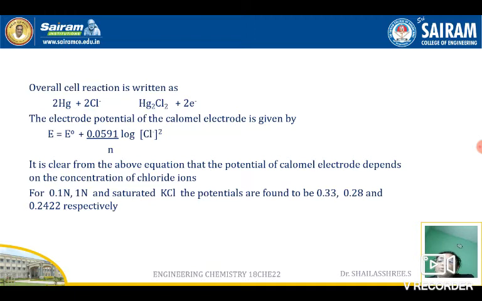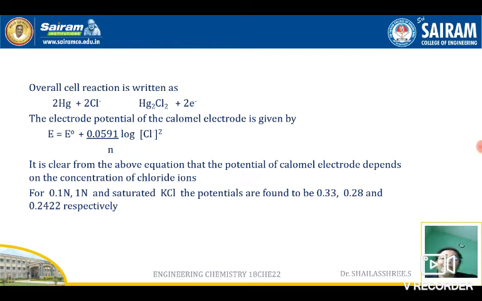For example, when 0.1 N KCl is used, the potential will be 0.33 volts. For 1 normal KCl, the potential is found to be 0.28 volts, and for saturated KCl, the potential is found to be 0.24 volts. So depending on the concentration of the KCl solution used, the potential of the calomel electrode will vary. Please remember this.